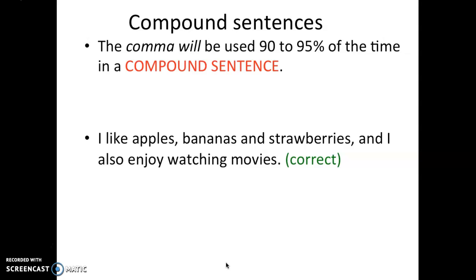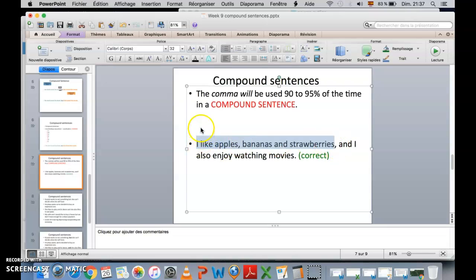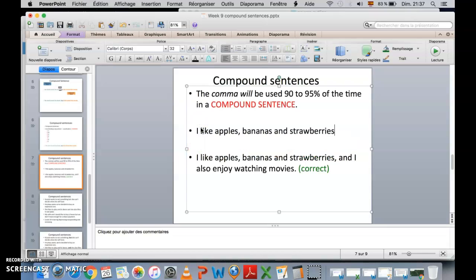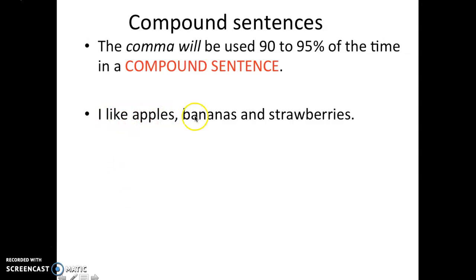Okay? Now, watch out. Okay? Some of you may wonder, if I have this here, I like apples, bananas, and strawberries. Here, before the end, you don't put a comma. Why? Because it's an enumeration of objects, and this is just a simple grammar rule, no punctuation there.